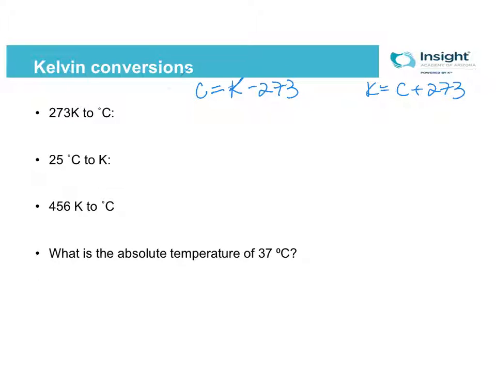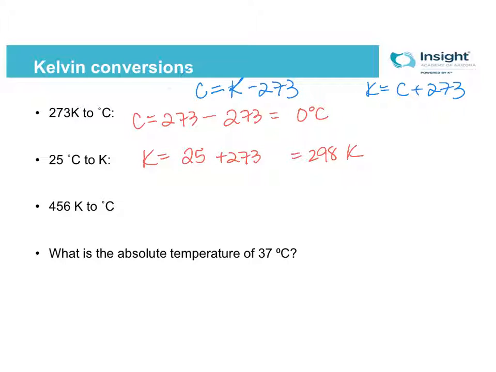So this is going to be C equals 273 minus 273, or 0 degrees Celsius. And then here we've got our 25 degrees Celsius to Kelvin. So Kelvin is equal to 25 plus 273. That's going to be 298.